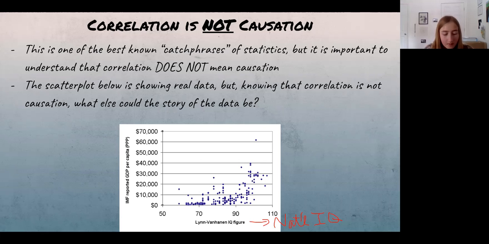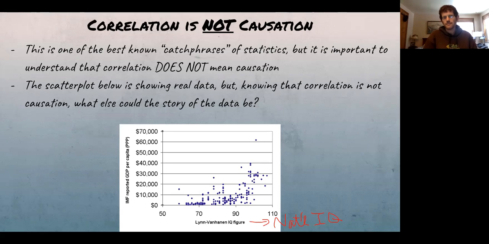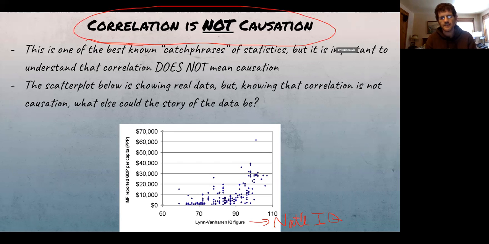That people with higher IQs make more money. Okay, yeah, pretty straightforward. I think that's what the data here is showing us, and the data is real, so it's fair to make that conclusion. I think one thing that goes a step too far, to get back to this idea, is to say that having a higher IQ causes you to be a wealthier country, because this is a per capita GDP.